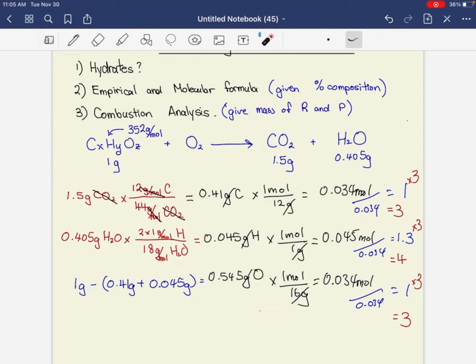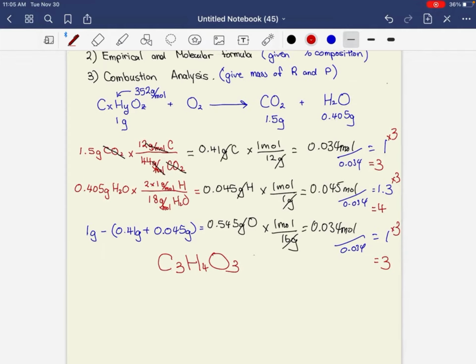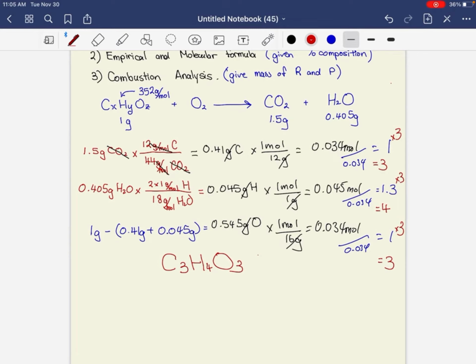Oh, hydrogen was 3.99. I mean, you can round that to 4. That's within the limit of tolerance. So the empirical formula here is C3H4O3.